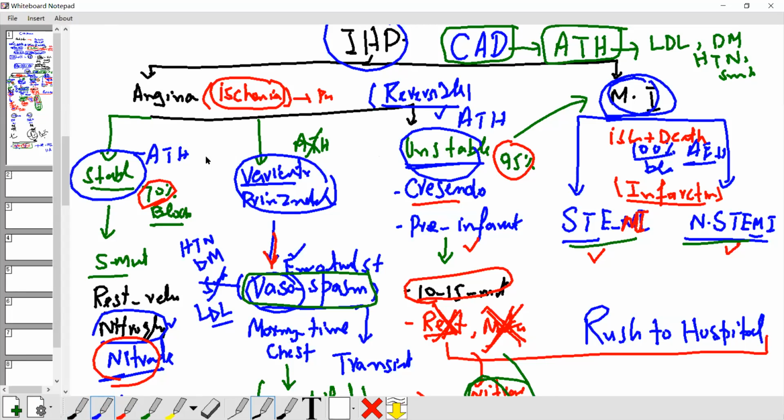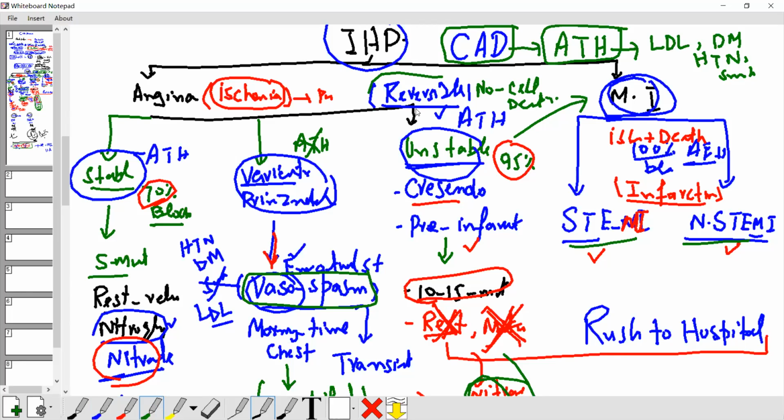In unstable angina, in the lab test, there is no CKMB, no troponin. Why? Because in angina, there is no cell death. The cell is in an injury stage, but it is injured only.